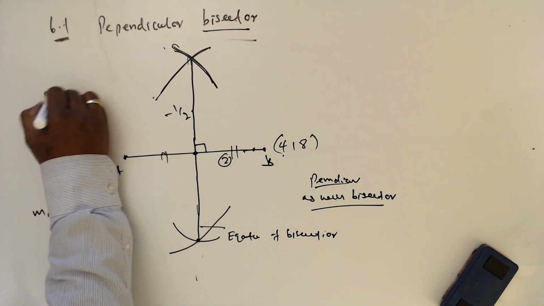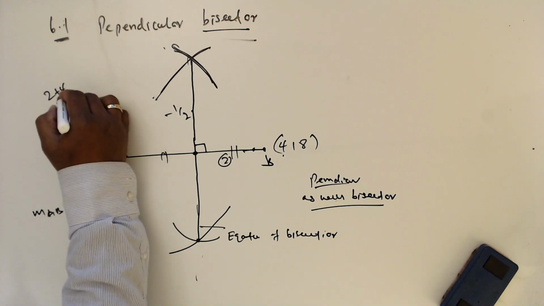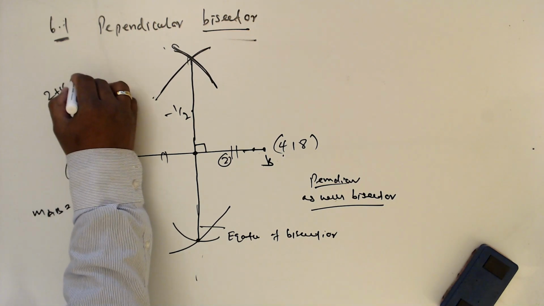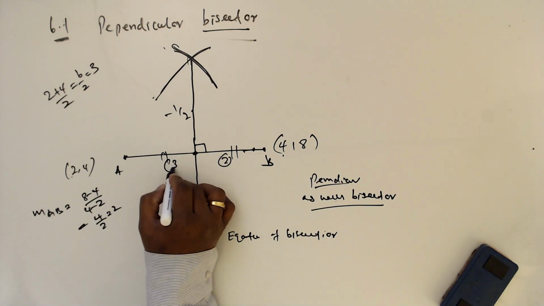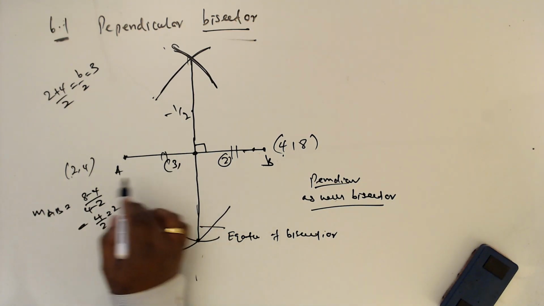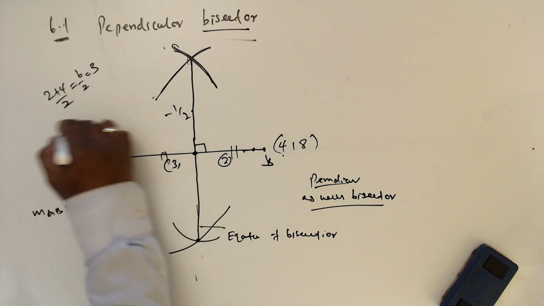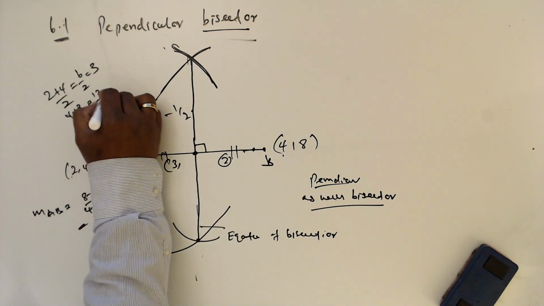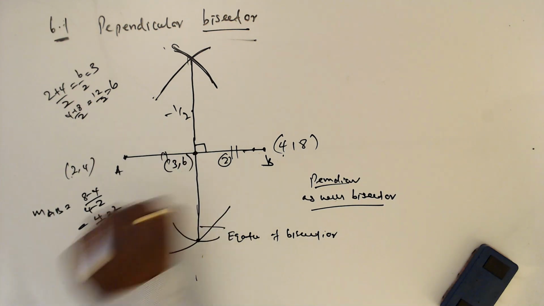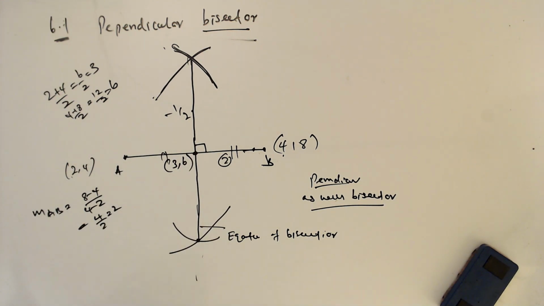So 2 plus 4 divided by 2, which is 6 divided by 2, 3. So the x coordinate is 3. What is the y coordinate? 4 plus 8 divided by 2, 12 divided by 2, 6.